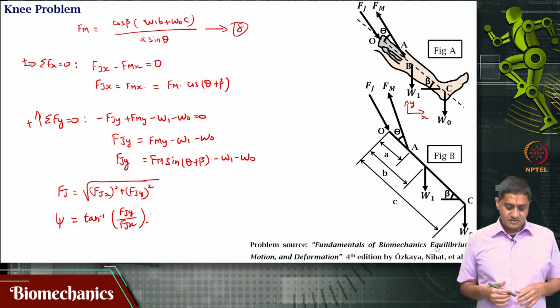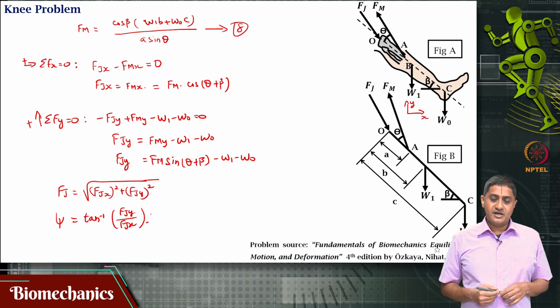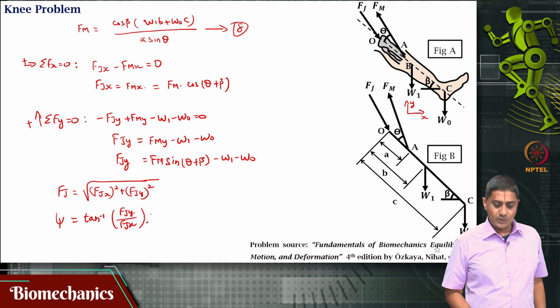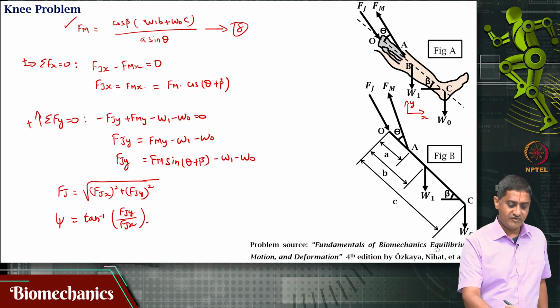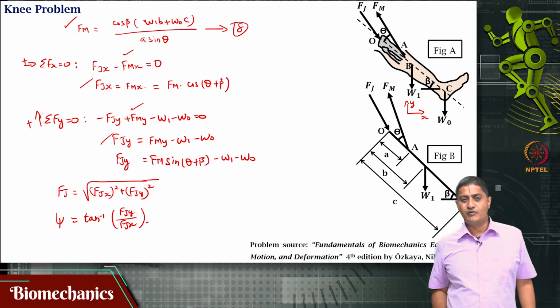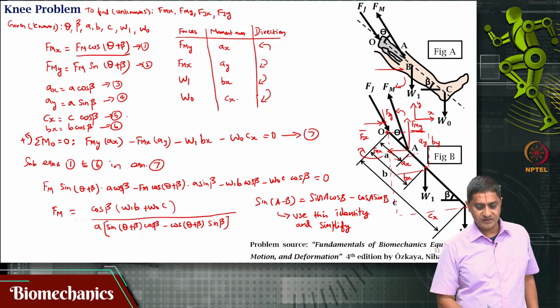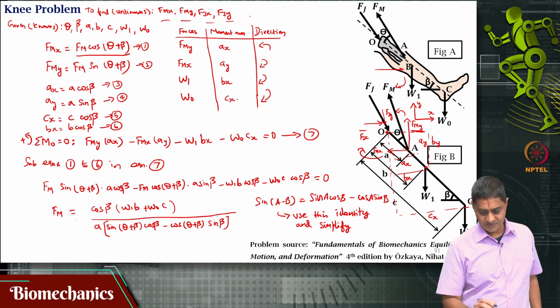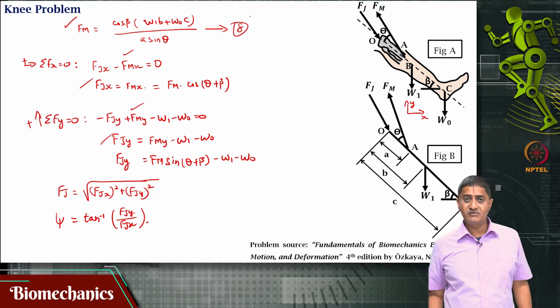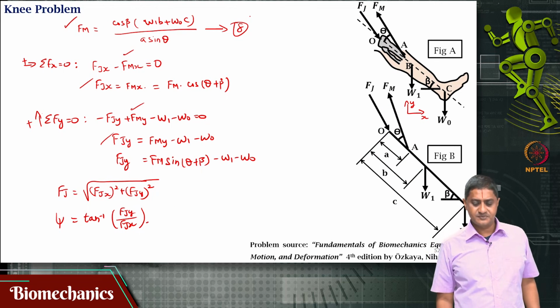This is the joint reaction force and the direction at which it is acting. We were required to find Fm or the components of Fm, Fmx, Fmy, Fjx and Fjy. We have found all the things that we wanted to find.